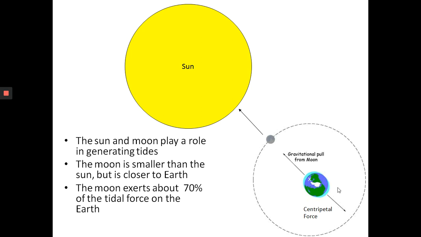So the sun and moon play a role in generating tides, but in this model, let's ignore the sun. The sun might be larger, but the moon is more influential, even though it is smaller, because it is very close to the Earth. The moon exerts about 70% of the tidal force on the Earth.